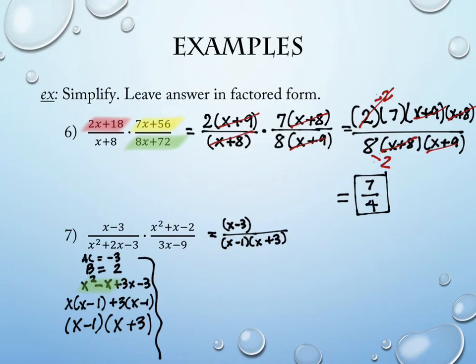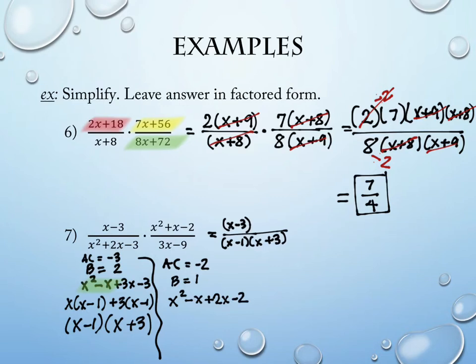Let's do the same thing now for my second fraction's numerator. AC is negative 2, and B is 1. Two numbers that multiply to negative 2 and add to 1: negative 1 and positive 2. So I have x squared minus x plus 2x minus 2.